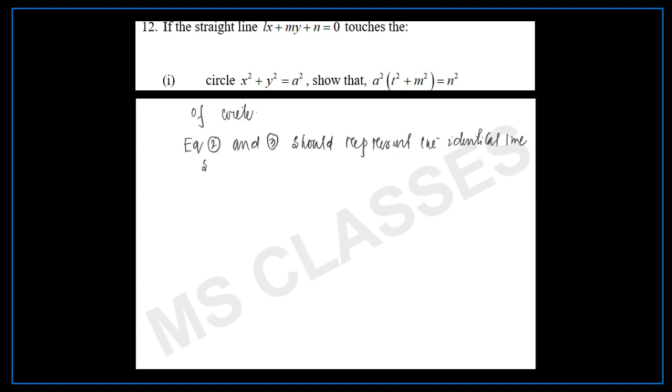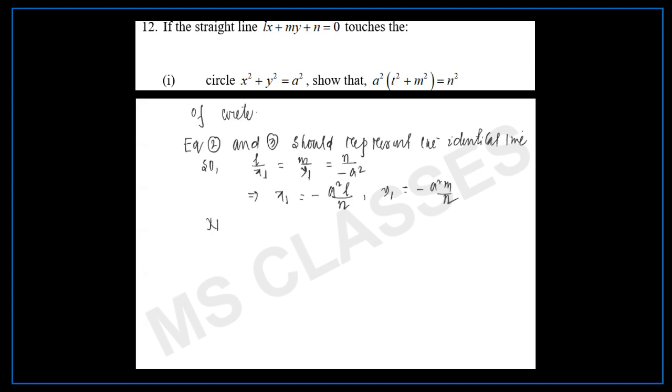So we can write L by x1 equal to m by y1 equal to n by minus a square. This gives us x1 equal to minus a square L by n and y1 equal to minus a square m by n.